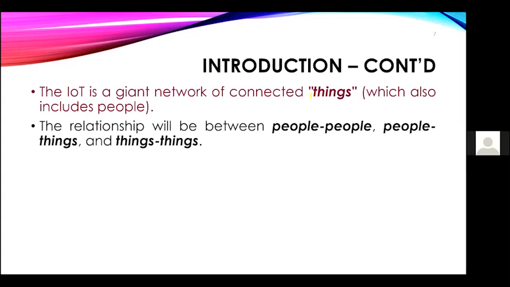The relationship will be between people to people, people to things, and things to things. It's not always required that people be involved in a connection. It may be people to people, things to things, or people to things.